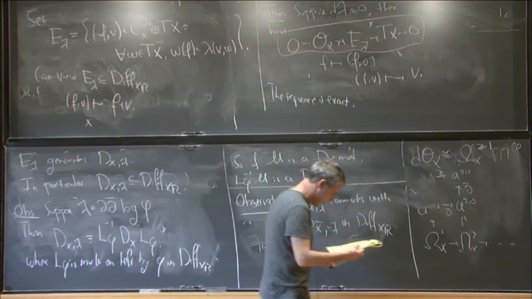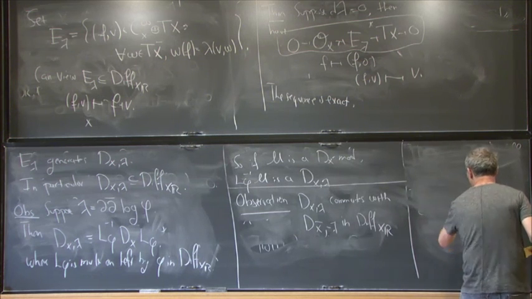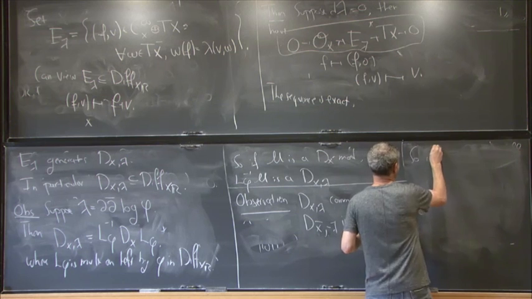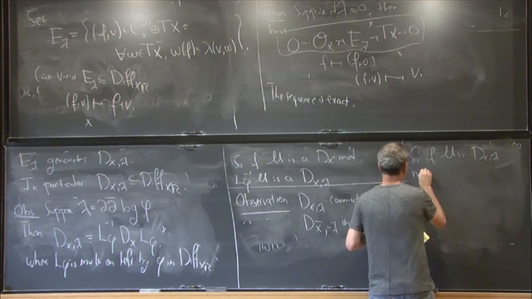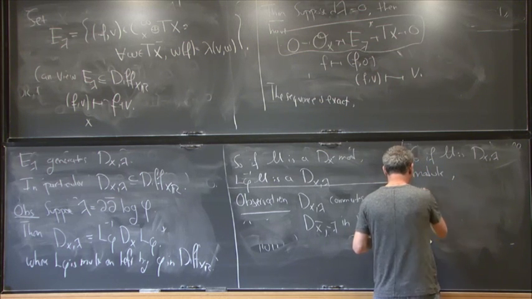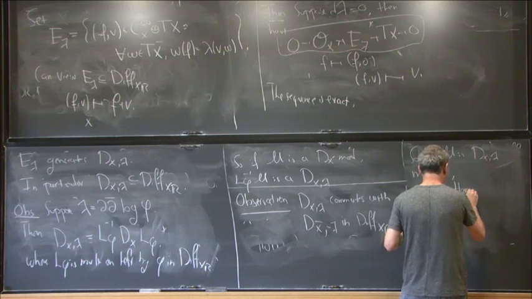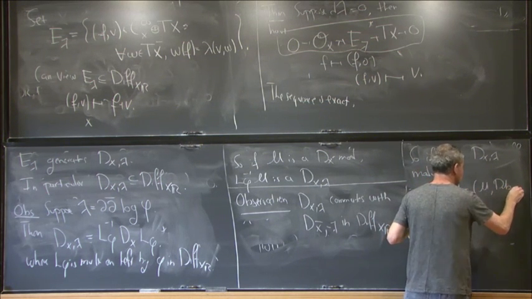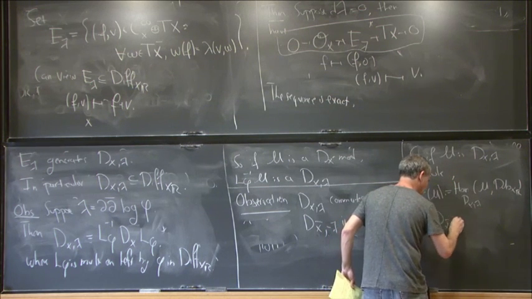So if M is a dx lambda module, then K of M, which you define the same way as before, Hom over dx lambda of M into distributions, is a dx bar minus lambda module.